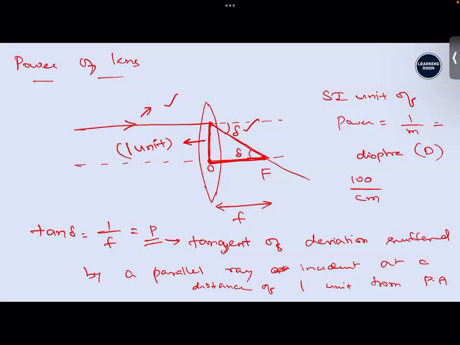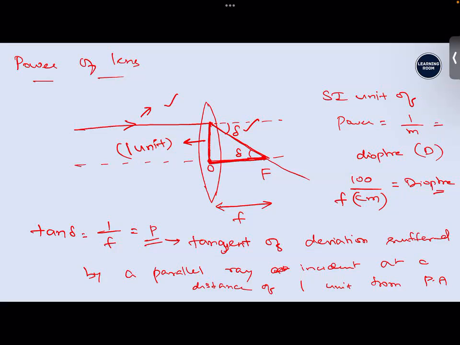So 100 divided by f in centimeter is also diopter. So in a problem, if they give you the value of f in meter, you directly use the formula 1 by f. If they give f in centimeter, you use 100 by f. Is this point clear? Right.